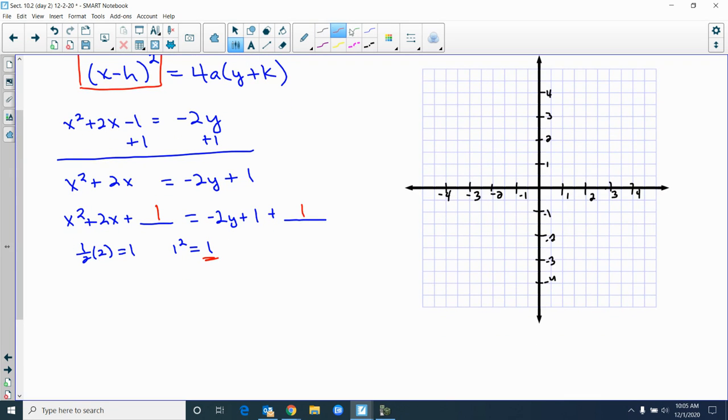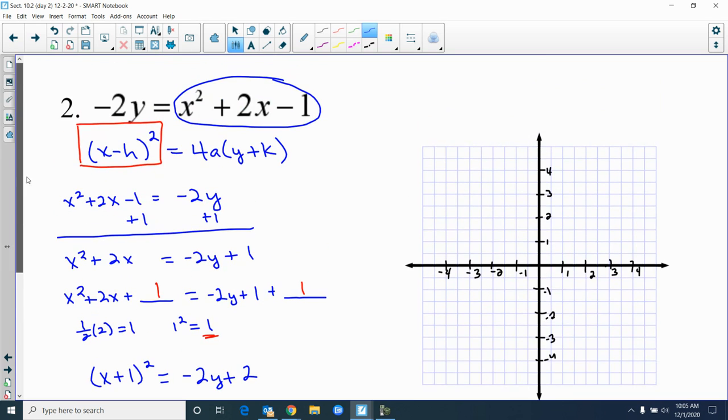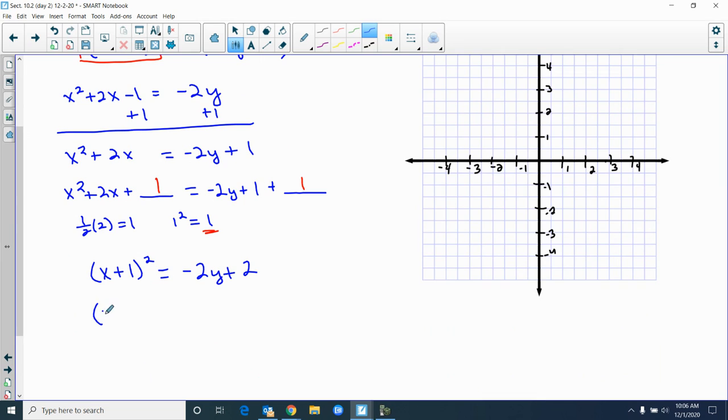So now over here on the left, after I factor it, I get x plus 1 quantity squared. And I simply combine like terms here, and I get negative 2y plus 2. We need to have it in this form. There needs to be a constant in front of the y plus k. I do not want a coefficient on the y. So whatever the coefficient is in front of the y, you factor that out.